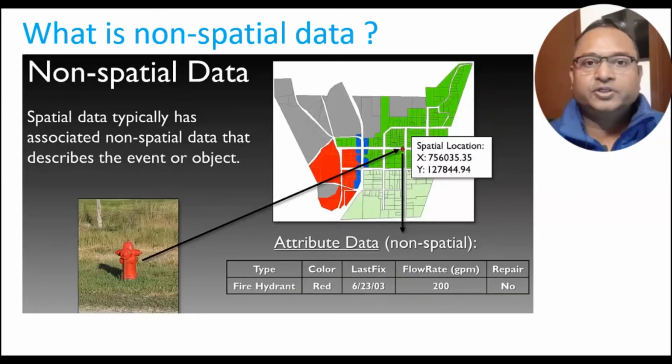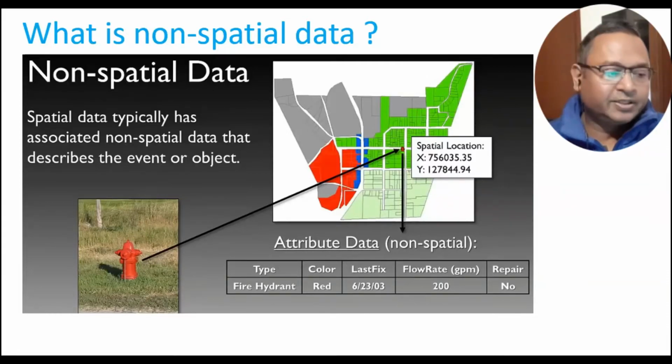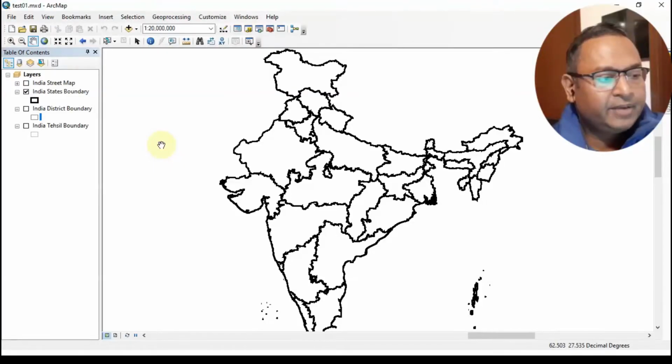This vector information is stored in a particular format called shapefiles, and its extension is .shp. Apart from that, other formats are also used to store that information. Let's have one more example. Here I am using the ArcGIS tool to showcase vector data. As you can see on the screen, it's a map of India in the form of vector data.